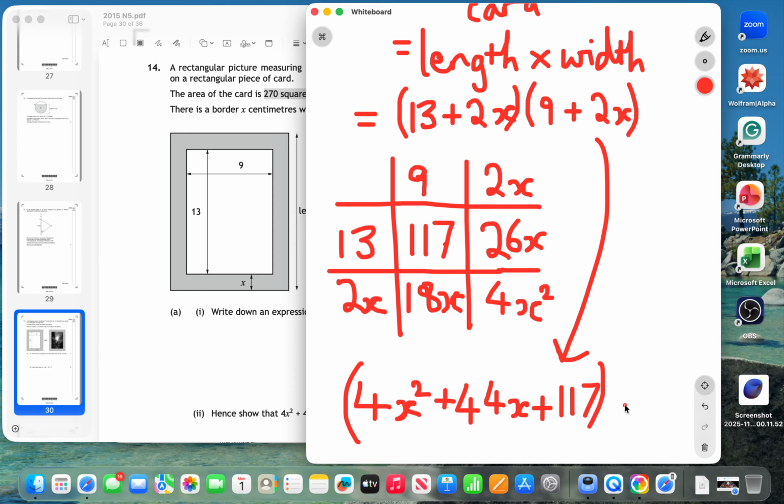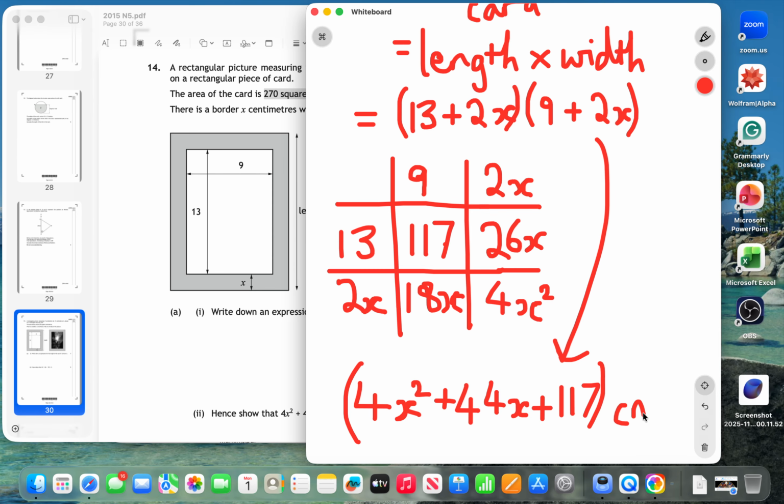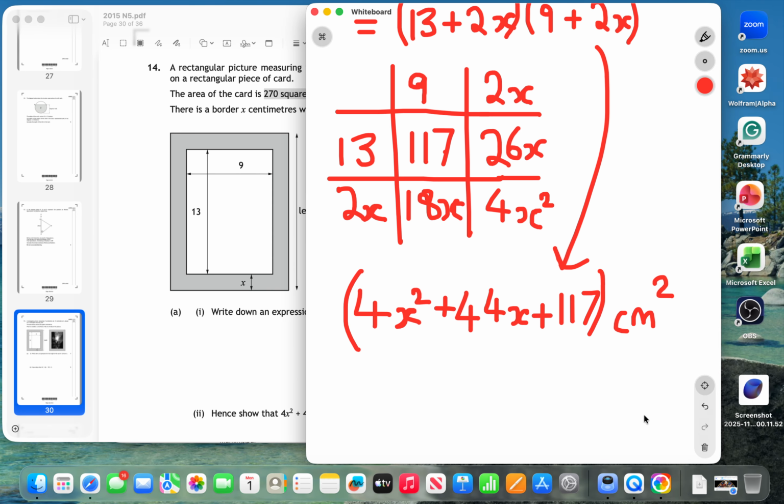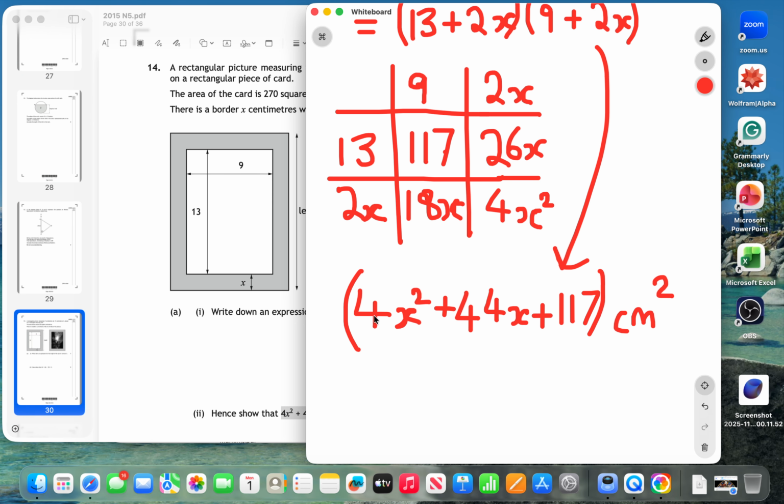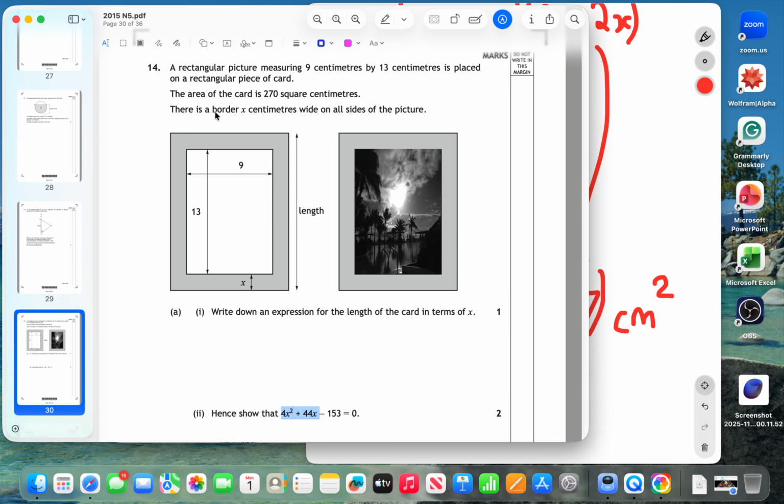Will include the units of centimetres squared. This looks a lot like what we have here. So 4x squared plus 44x appears here. So we can then equate this to 270.